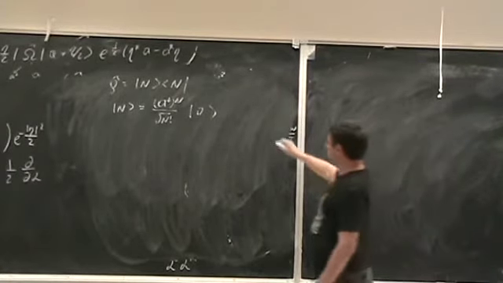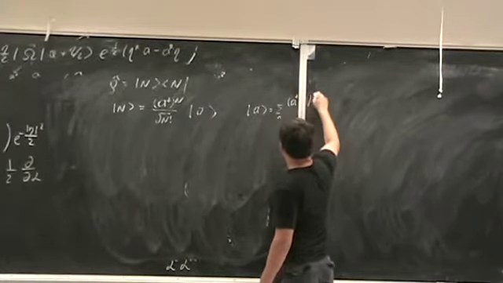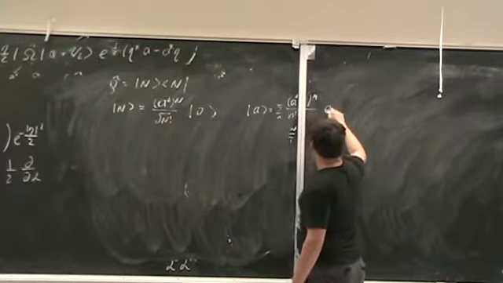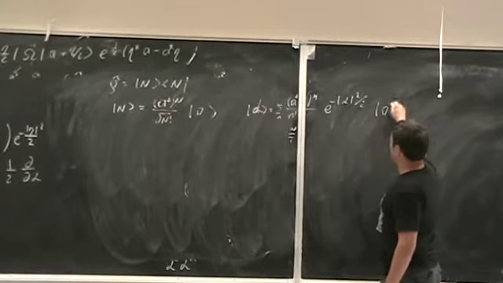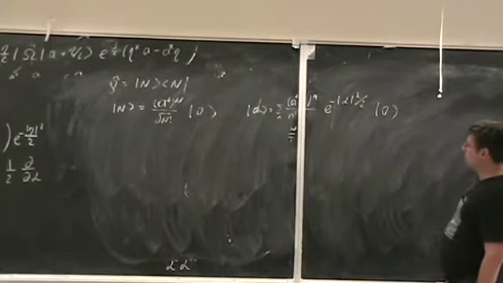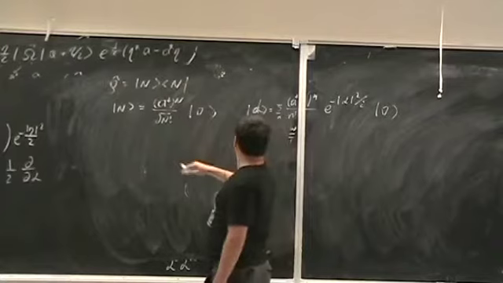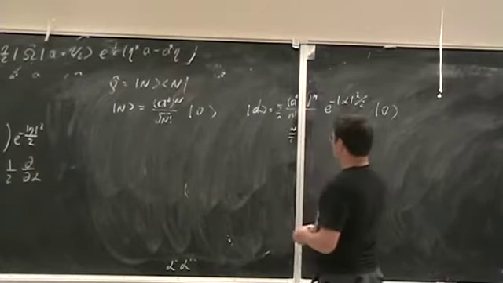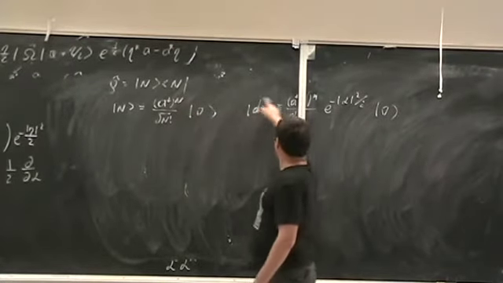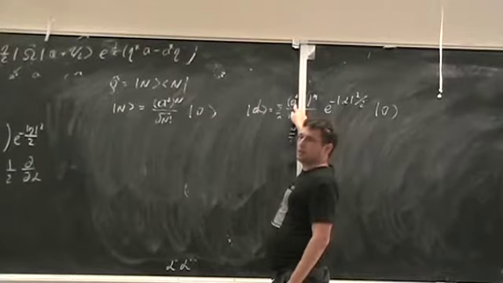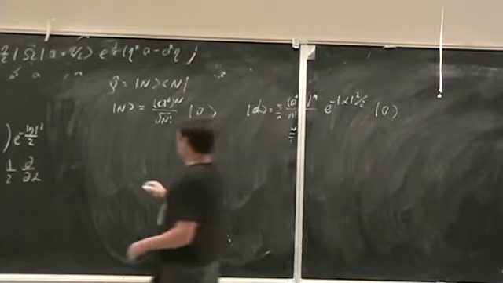Therefore, when we consider the overlap with the coherent state, which is the sum over n, a dagger power n over little n factorial, e to the minus alpha squared over 2, vacuum. Of course, we must have the same n, but then we have to be careful with factorials. We get square root of n factorial here, and we get n factorial here, but then the contraction of a dagger and a will give us another n factorial. Overall, I will get 1 over square root of n factorial. That's all what I need.